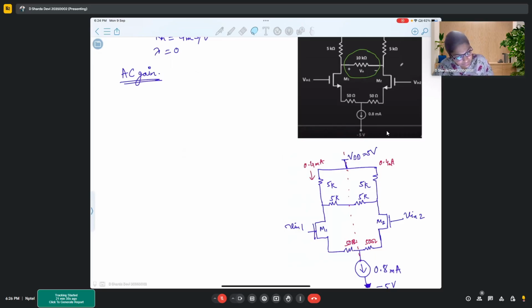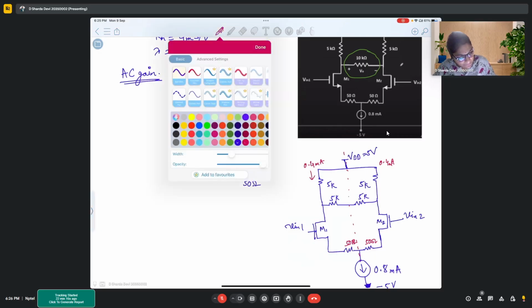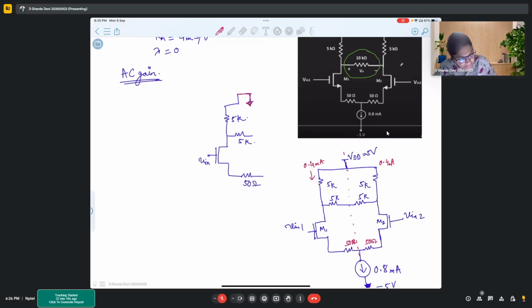The half circuit will look like this. Since it is an AC analysis, we will put this part to AC ground, that is your VDD to AC ground.